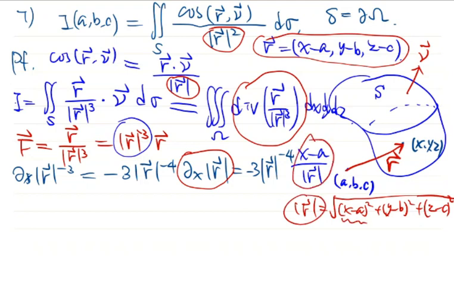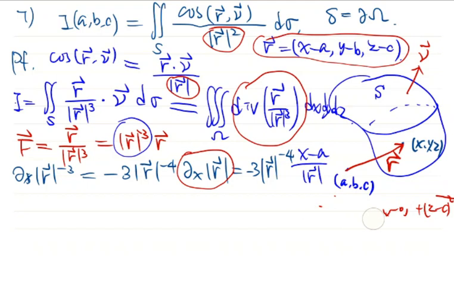Simplifying this, we get minus 3 (x minus a) over the norm of R to the power 5.